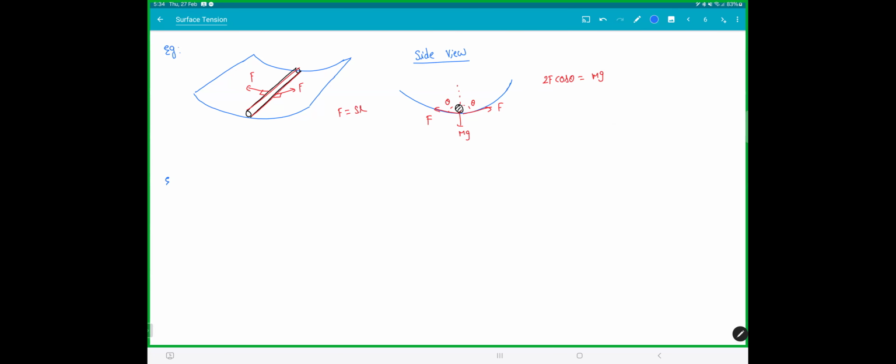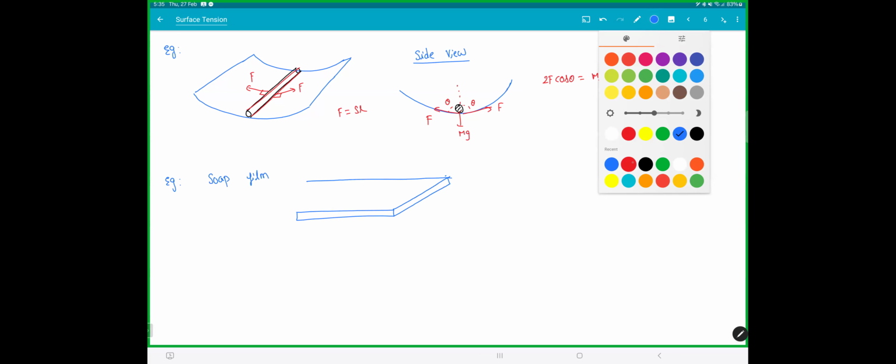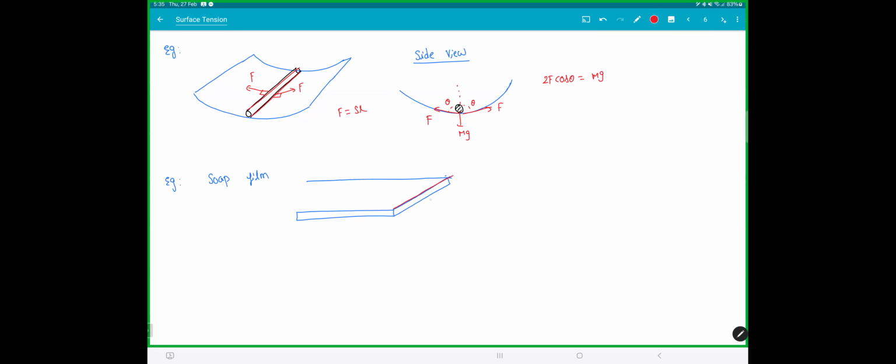Similarly, if you take a soap film, remember last time we discussed a soap film will have two surfaces, an upper surface and a lower surface. So we have an upper surface here, we have a lower surface here.